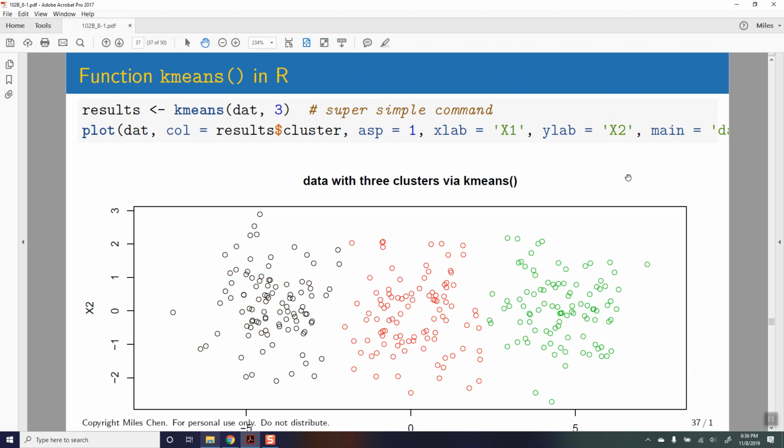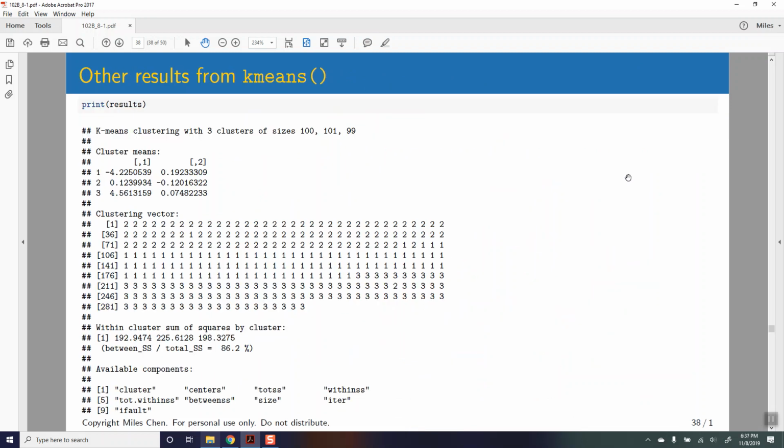It shows you the results after running the k-means clustering. Here it arbitrarily says these get cluster 2, these are cluster 1, and these are cluster 3. And these are the means it has found for each cluster.